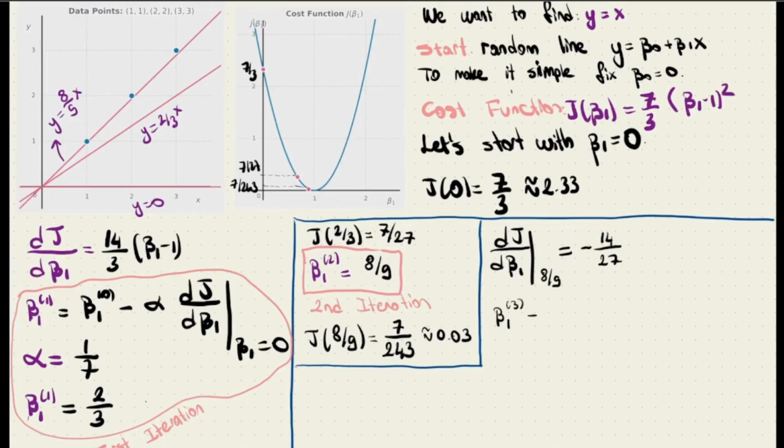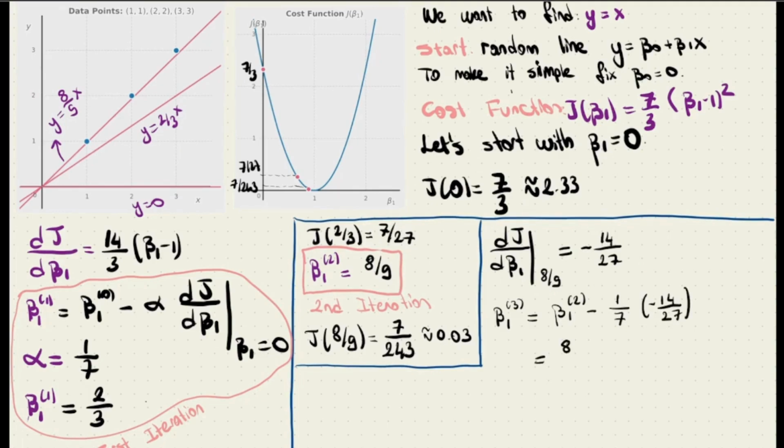Beta 1, 3. So our update formula is beta 1, 2 minus our learning rate 1 divided by 7, and the derivative at 8 by 9, which is minus 14 divided by 27.